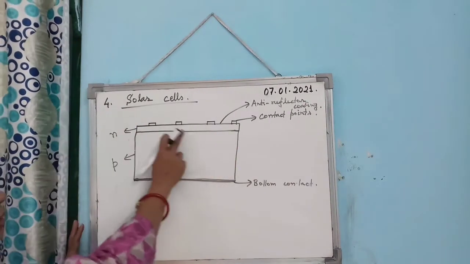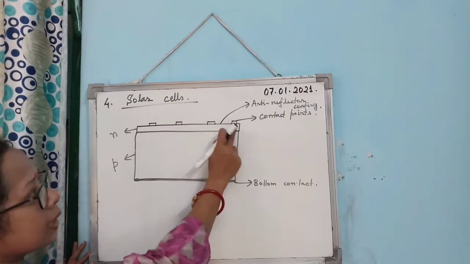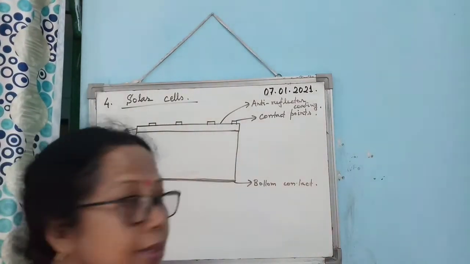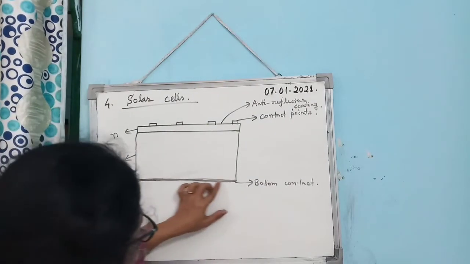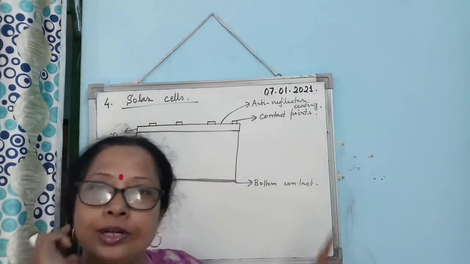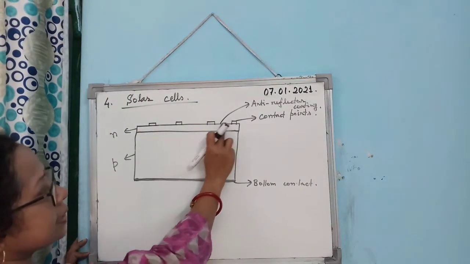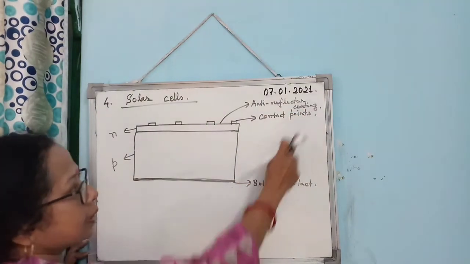Above the N region there are conductor points, so that we can make the connection. The entire base at the bottom is made of conducting material for the bottom contact. And the upper surface is coated with an anti-reflector coating.